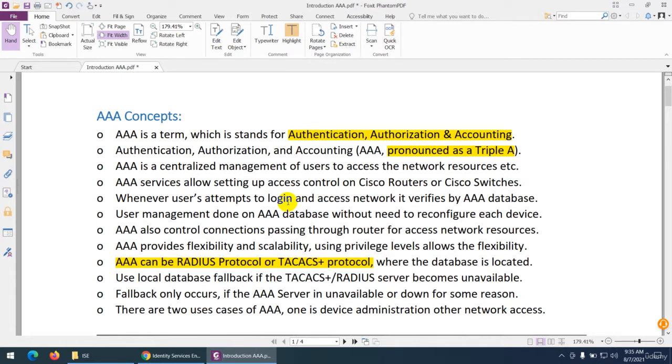Then what resources they can access, and whatever they have done, it will be audited, it will be accounted, it will be recorded.